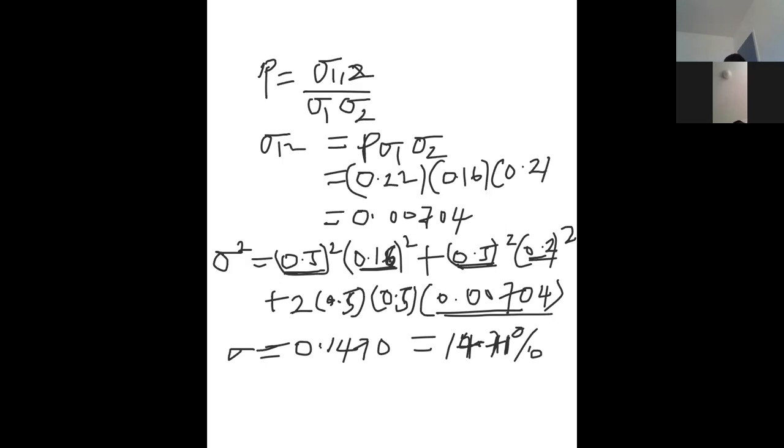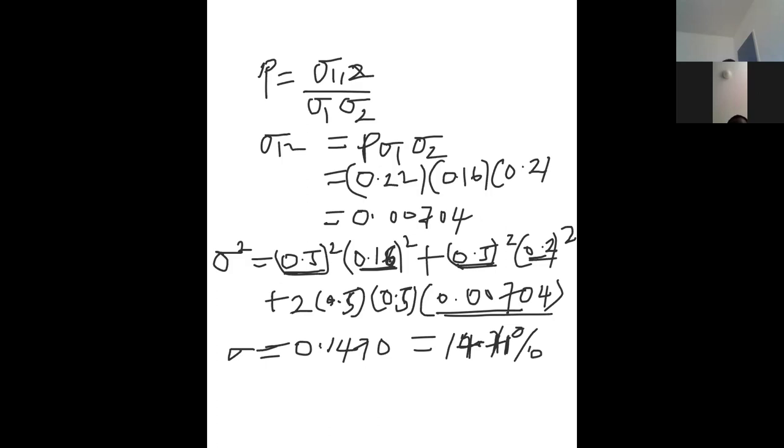So this represents what? The volatility of the portfolio. Is it okay? I have an issue because there's a bit of discrepancy between yours and Anastasia's.